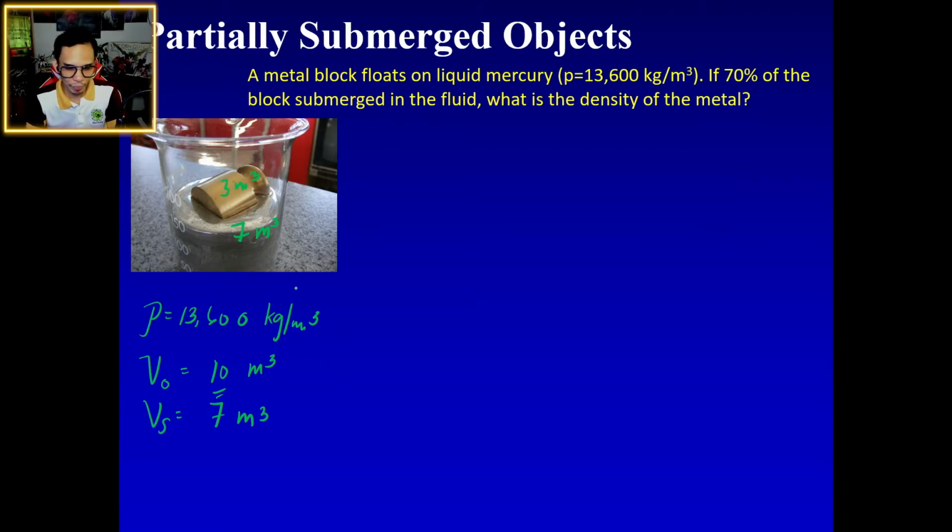Now we are asked to find the density of the object that is placed on the mercury.